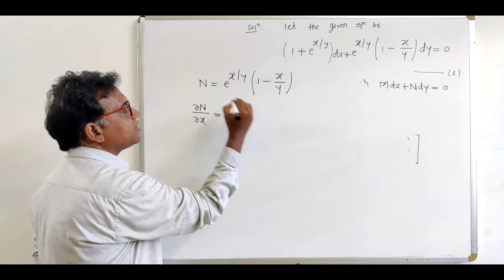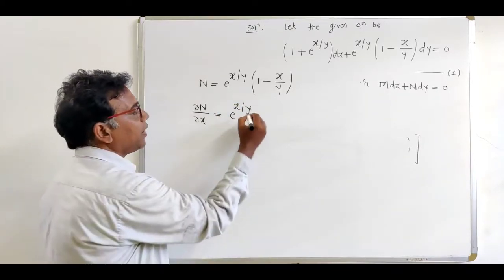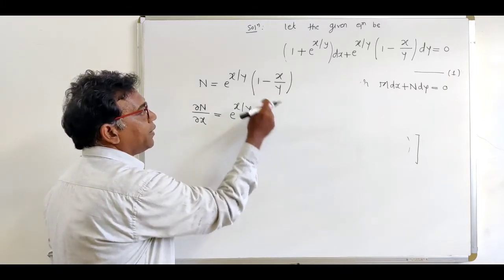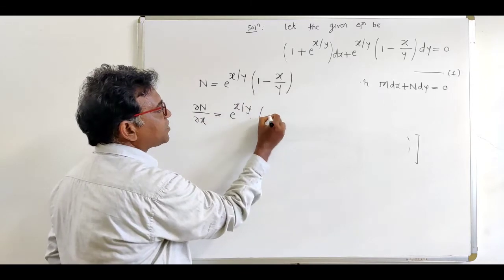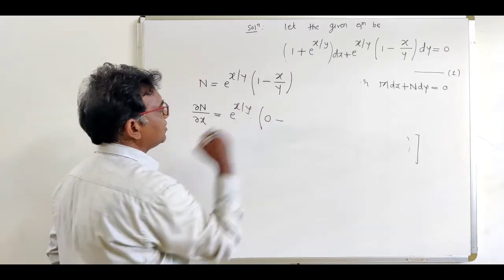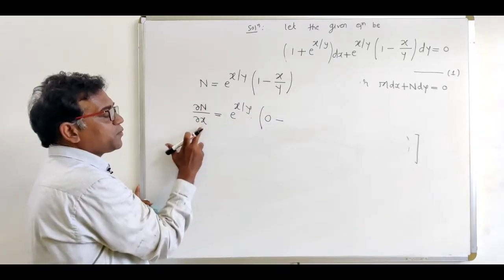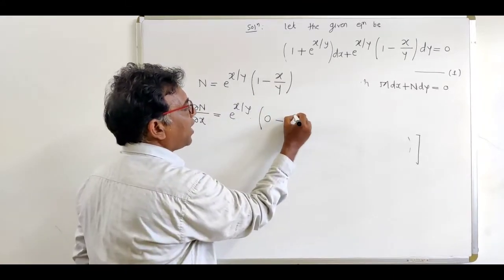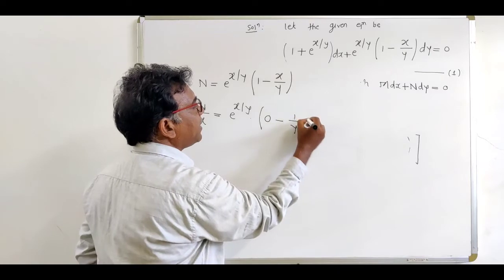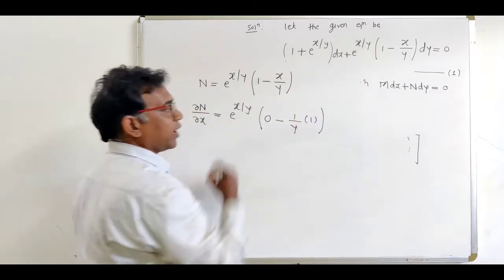First term as it is, e raised to x upon y, into derivative of this second term. Derivative of constant number, this is 0, minus, now derivative with respect to x means we have to keep y as a constant element. So 1 upon y, this is constant, and derivative of x, this is 1.